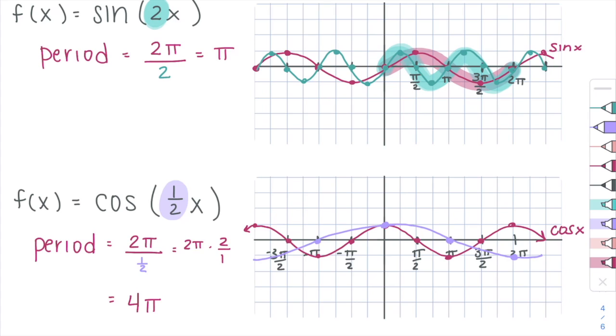So now, what I was originally having happen by 2 pi has all the way until 4 pi, so I'm only going to see half of that pattern in the same amount of time.